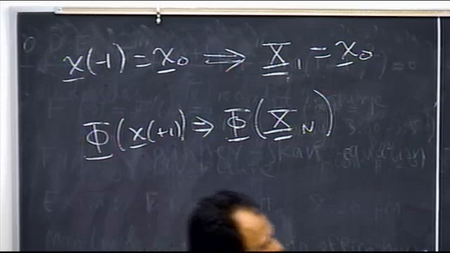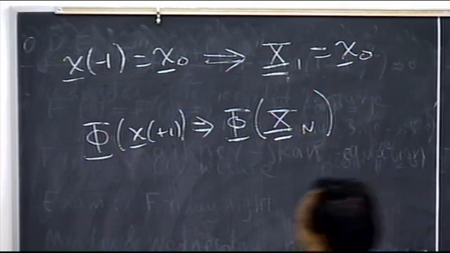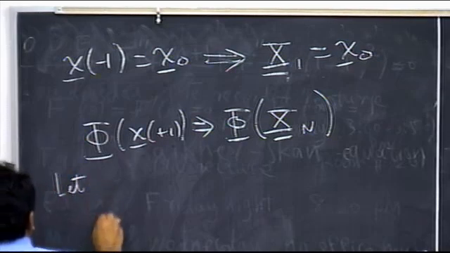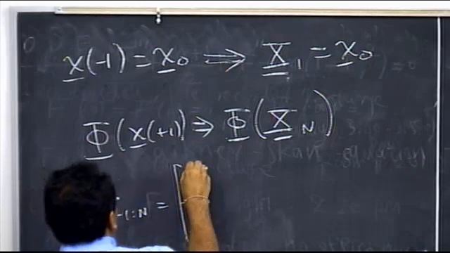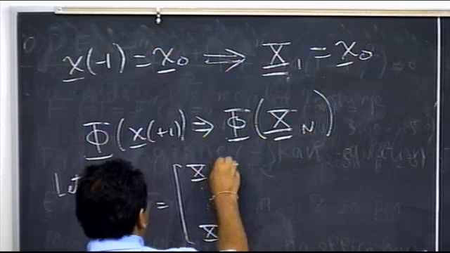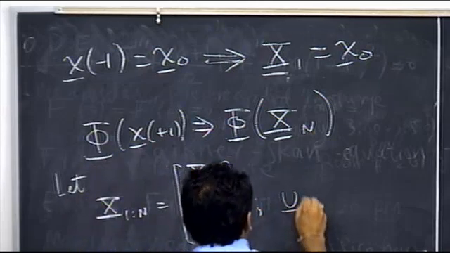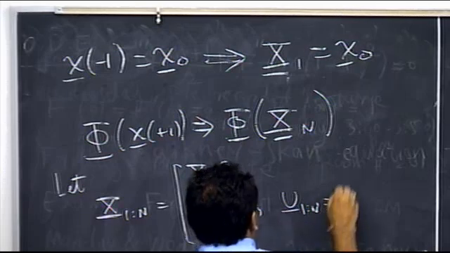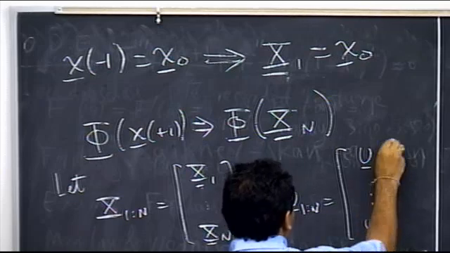I'm going to do a little bit of manipulation here to make these things easier to deal with. Suppose we let capital X 1 to n equal x1 up to xn, and we say u of 1 to n equals u1 up to un.